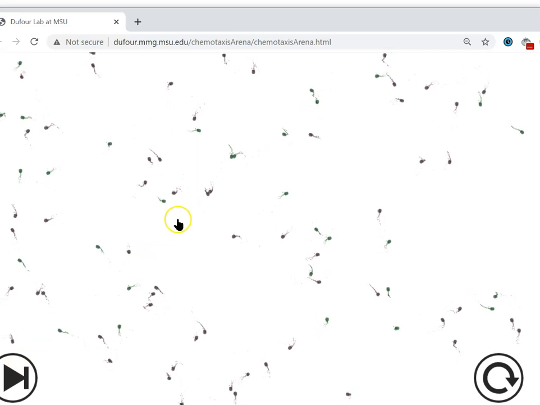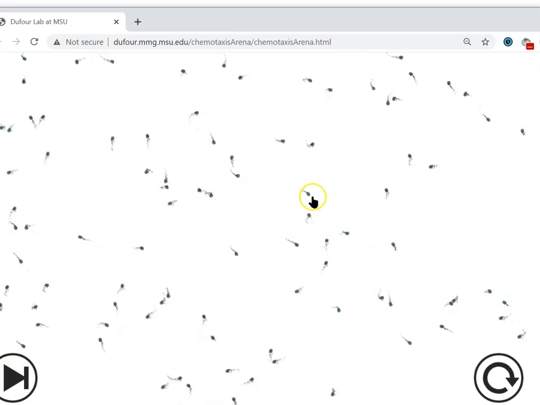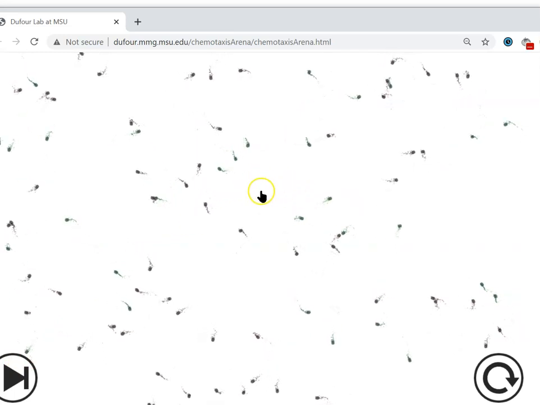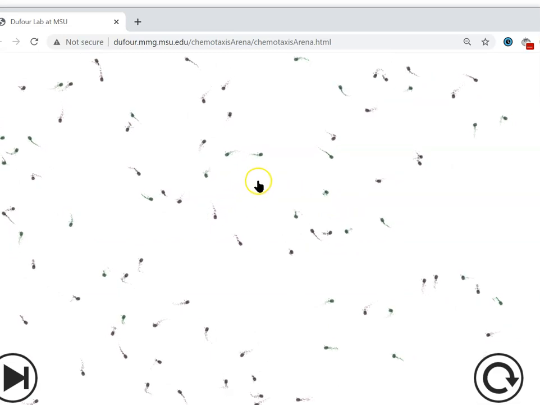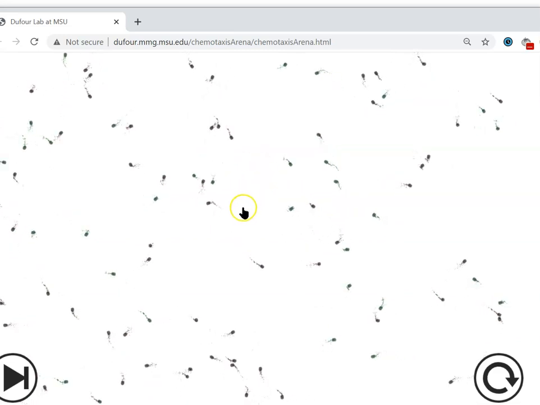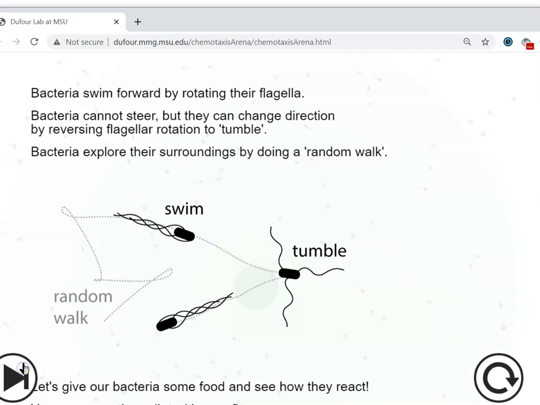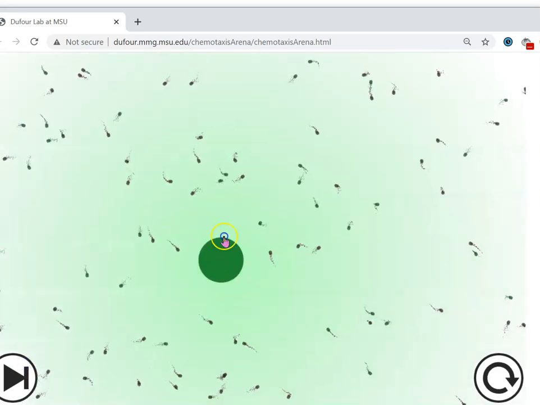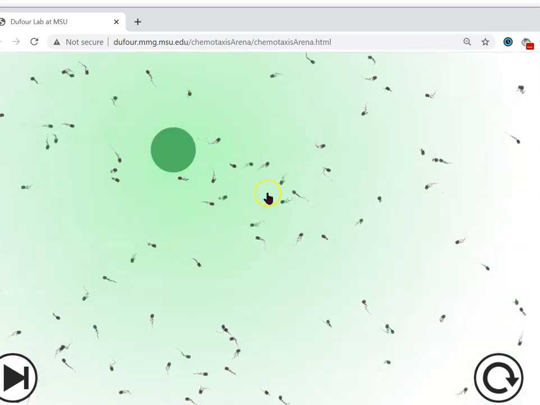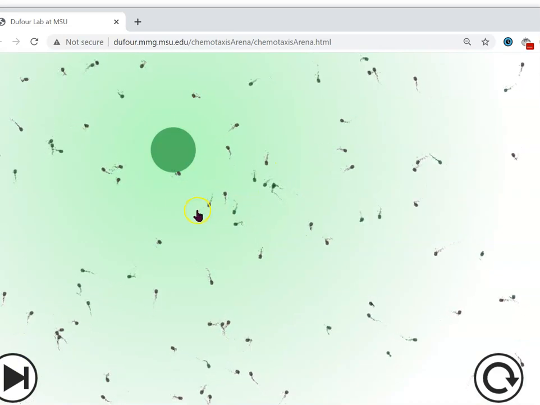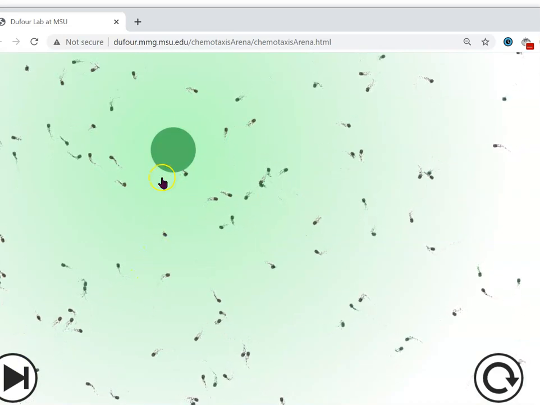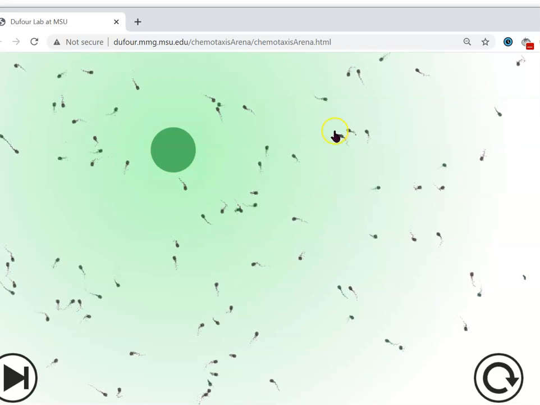At first, you're seeing lots of little cells swimming, and if you look at any one of them, you're going to see it swims for a while and then it randomly changes direction. And then as you click through it, it kind of explains it, and then this is a chemical gradient, and you will see they swim towards it, but the only way they do is by randomly either running or tumbling. It's cool.